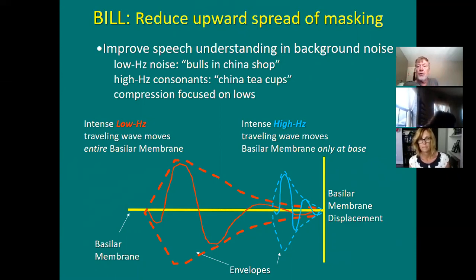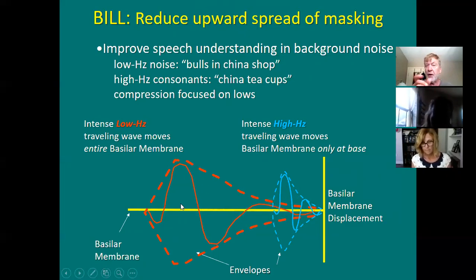You've unrolled the cochlea, so it's now 1 inch long, and you have the high frequencies here on the right, mid frequencies in the middle, low frequencies on the left. And look, a high frequency traveling wave exciting hair cells here, and a low frequency traveling wave exciting hair cells over here.